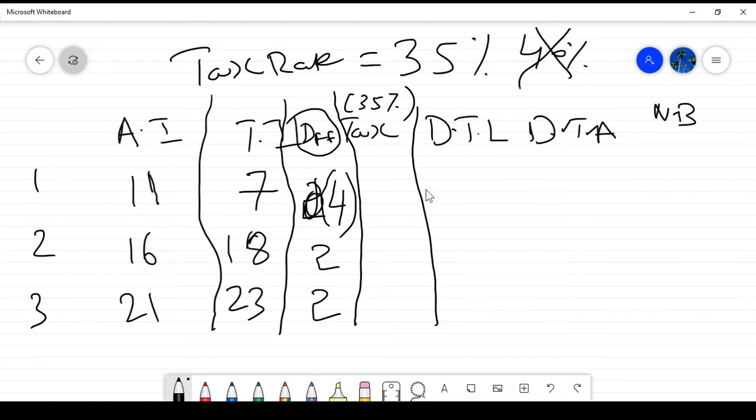I am going to pay less tax in the first year, correct or not? Because my accounting income is 11 lakh, but my taxable income is only 7 lakh, so I will pay less tax. What is the difference? 11 minus 7, 4 lakhs. On this 4 lakhs I am paying less tax. 4 lakhs into 35% is how much? 1,40,000.